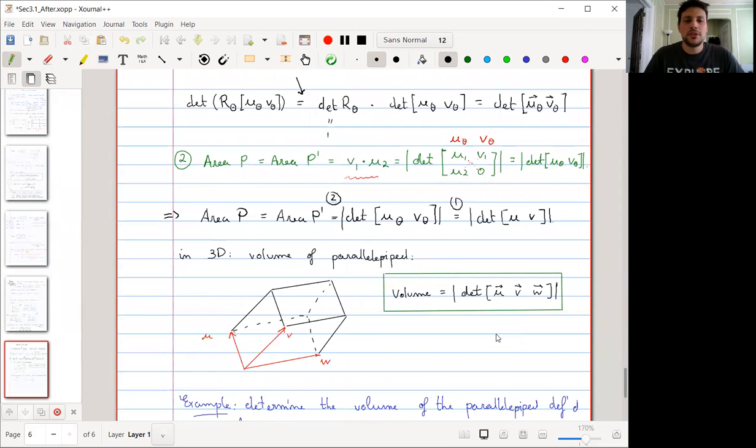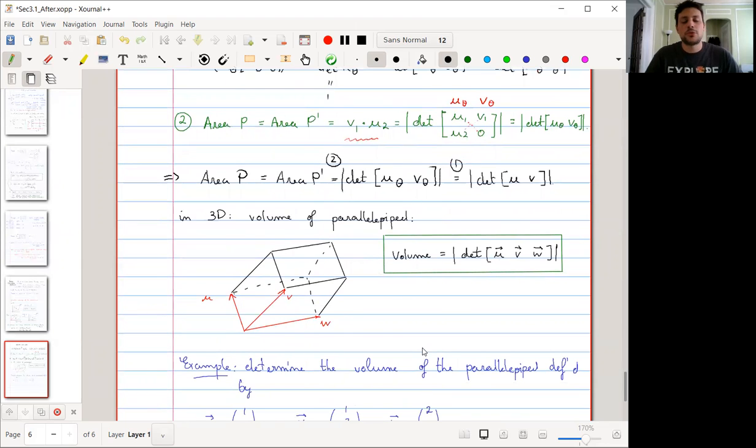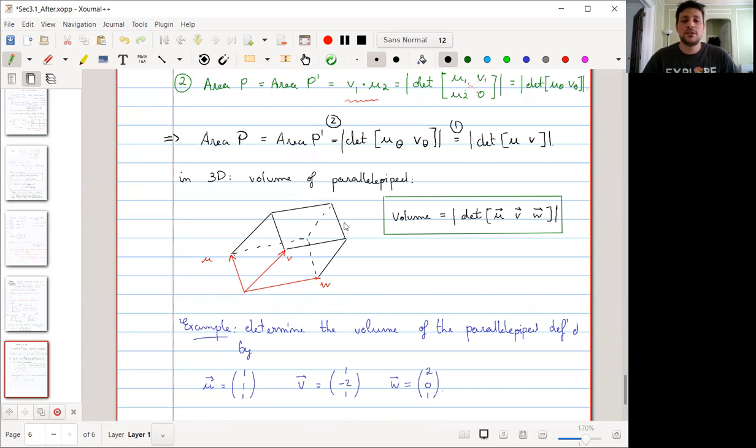Something similar happens in 3 dimensions. In 3 dimensions, imagine you have a solid region like this parallelepiped. The volume of the parallelepiped is computed by the absolute value of the determinant of the matrix whose columns are the 3 vectors that are depicted here. Let's just have an example about that.